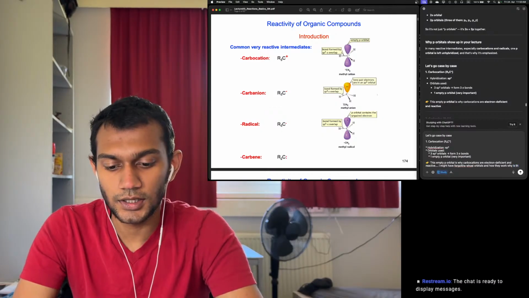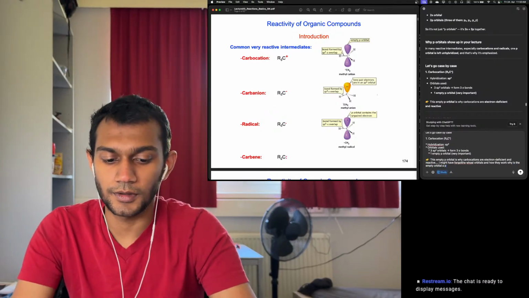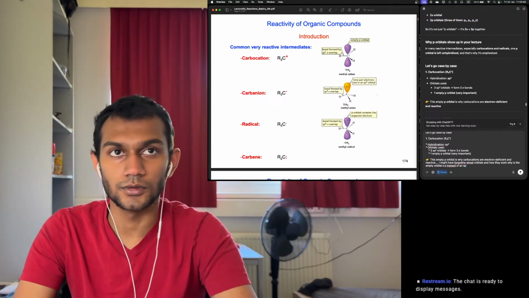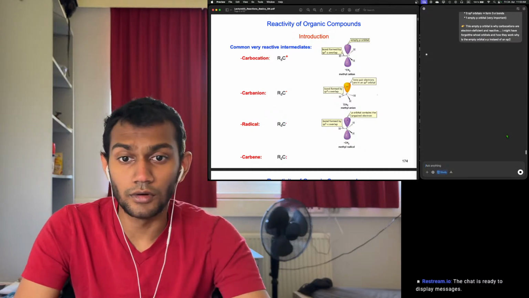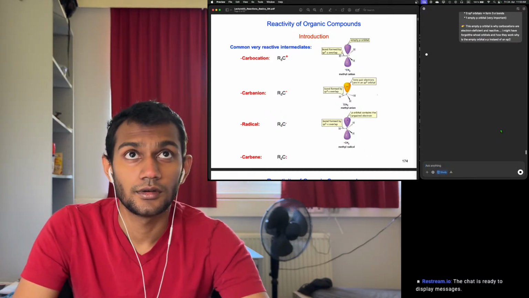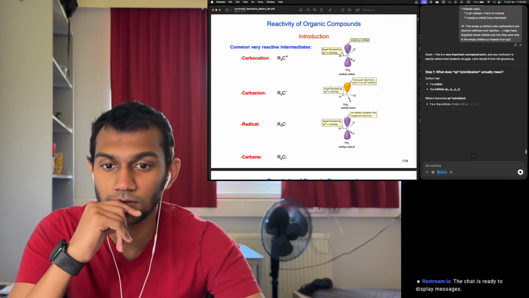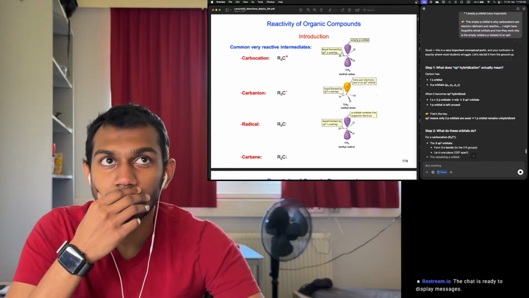Why is the empty orbital a p instead of an sp3? Oh, very good question. Actually, good. This is a very important conceptual point.